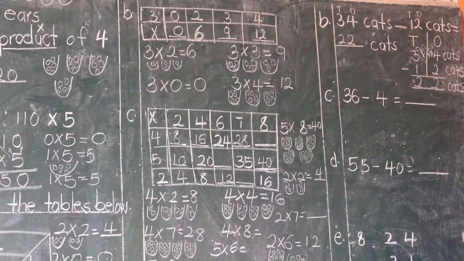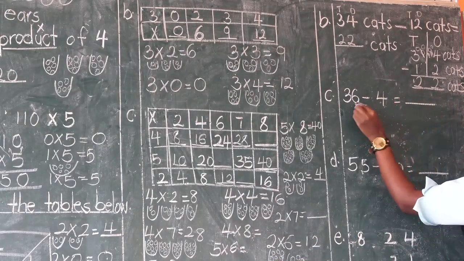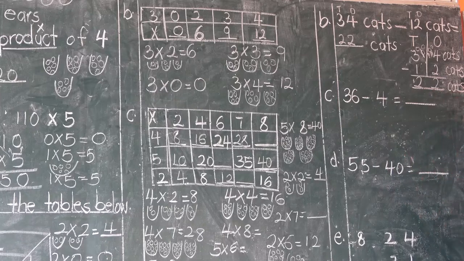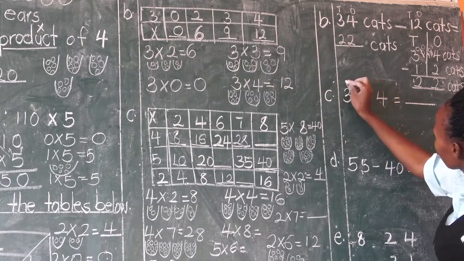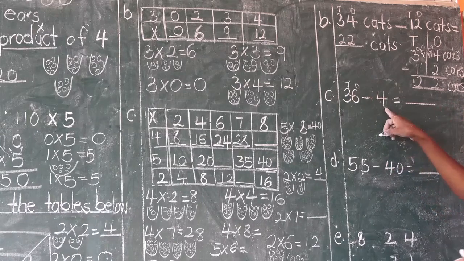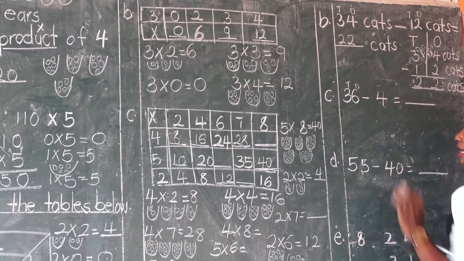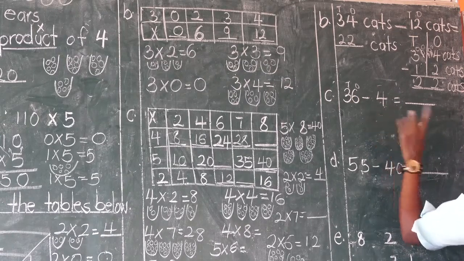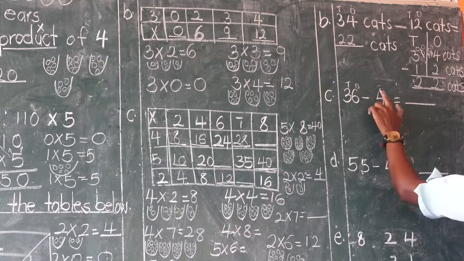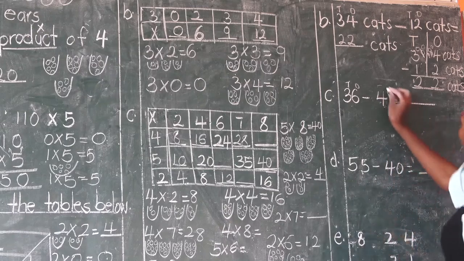Okay? Then we have 36 take away 4. Still we are going to first put the symbols for the place values, ones, tens. I told you if we have a number which is just 1 digit, it means that number is under the place value of ones. Even if they put 8, which is just 1 figure, just know that it is under the place value of ones.